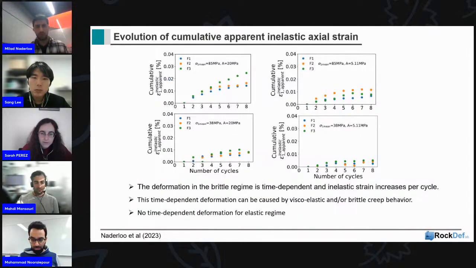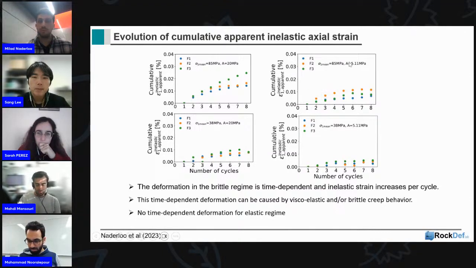And then I put all the experiments here to have a whole picture of what is happening with increasing cycles. Focusing on the top figures, when we are above the brittle yield point and have low amplitude, with increasing number of cycles they merge toward each other and flatten.